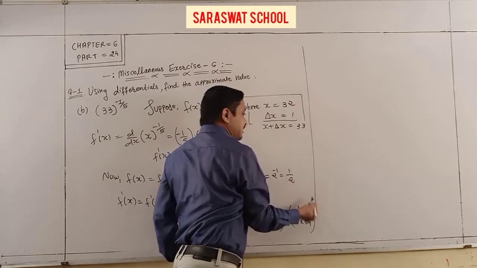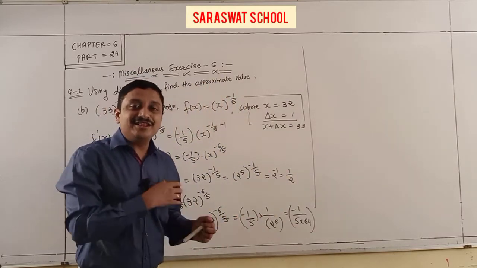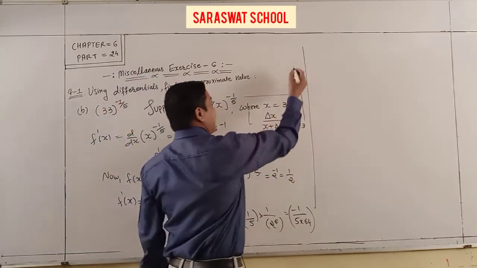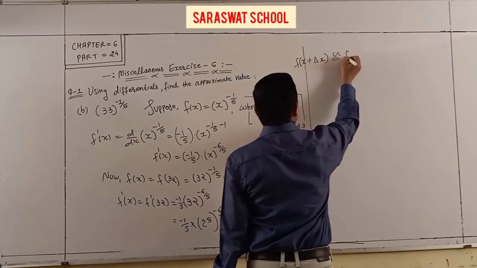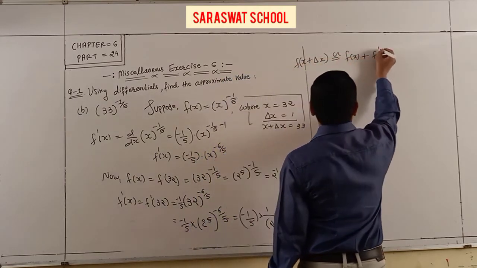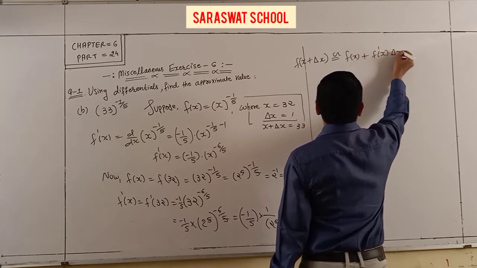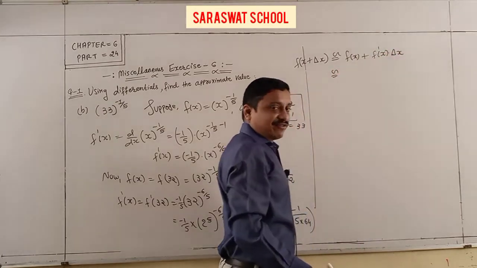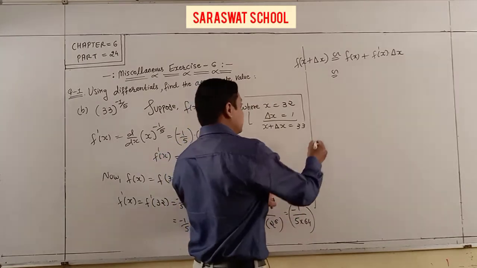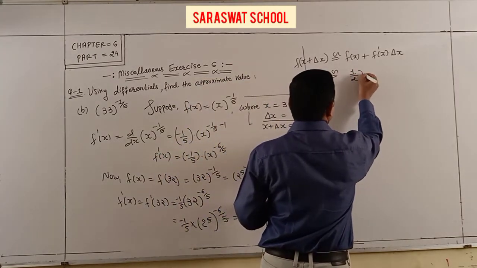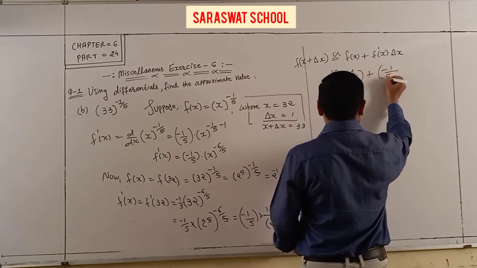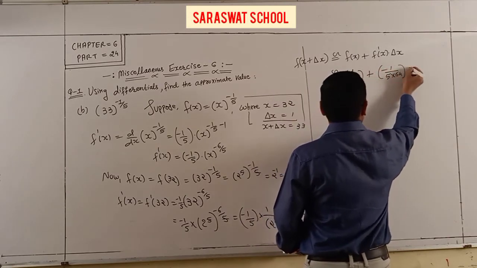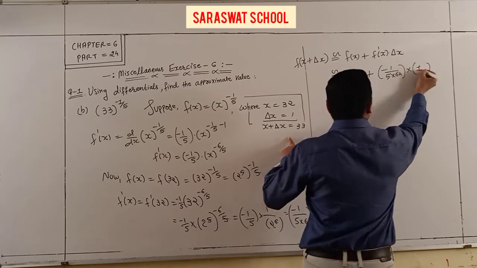Now I collect both values in the approximate formula f(x + del x), which is f(x) plus f'(x) del x. Now what is your f(x)? My f(x) value is 1/2, and f'(x) is minus 1/(5 into 64), and del x is only and only 1.